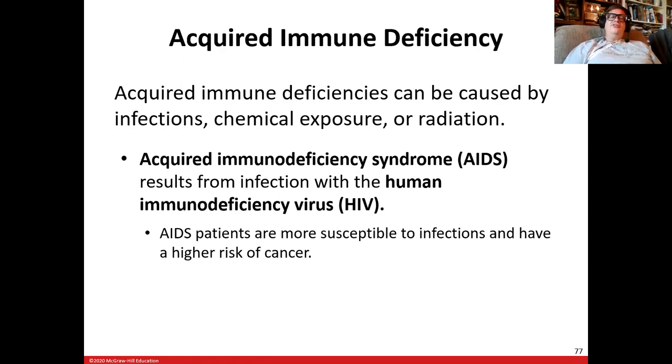They'll get cancers that most people don't. Like, it's ultra rare to see, I think it's called Kaposi's sarcoma. Anyway, it's a very rare cancer, but it's fairly common in people with HIV because their immune system doesn't fight this cancer and hold it at bay.